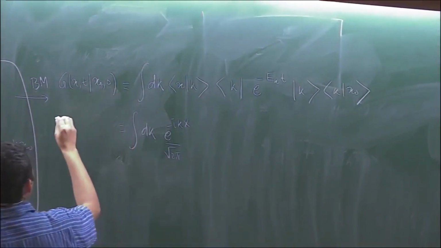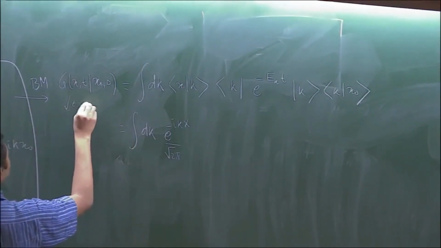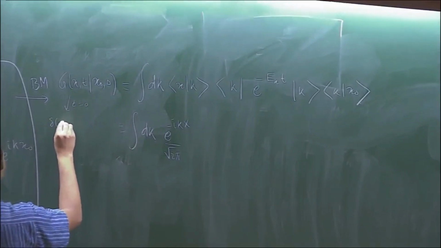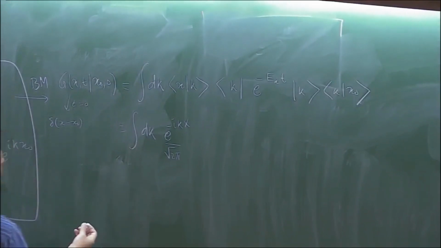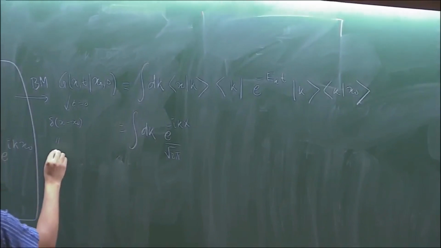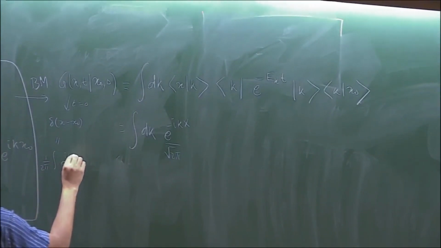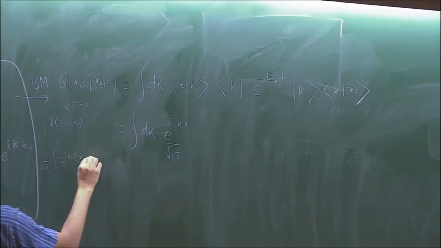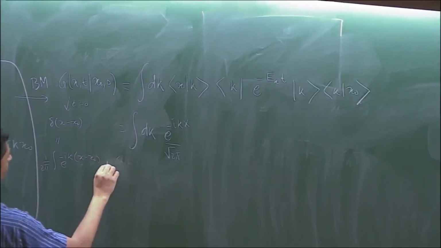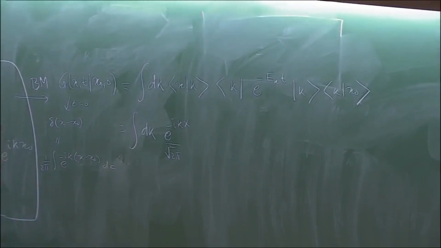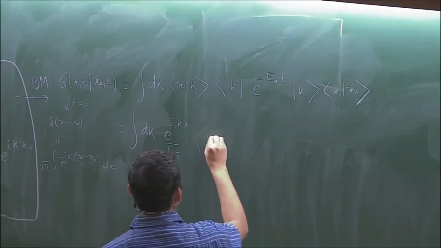And you know that the integral representation of the delta function is 1 over 2 pi e to the power i k, let's say, x minus x naught, right?